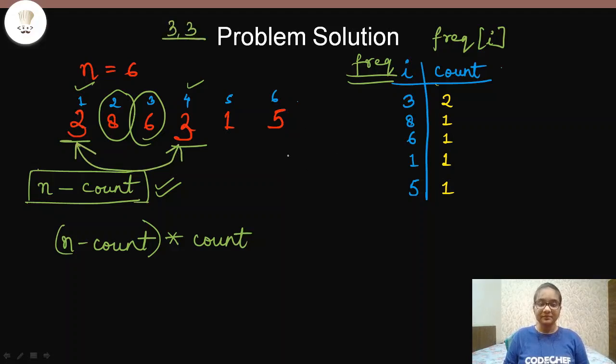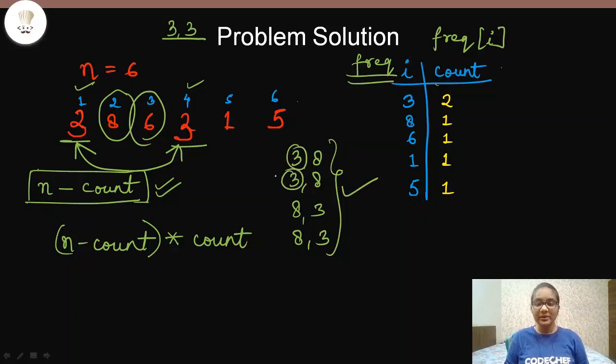But 3, 8 and 3, 8, 8, 3 and 8, 3, all these four are beautiful pairs and all four will be counted. Why? Because this 3 is the one that is at index 1 and this 3 is the one which is at index 4.